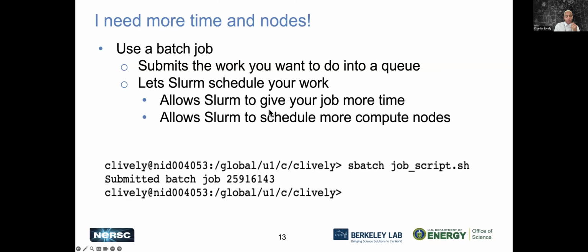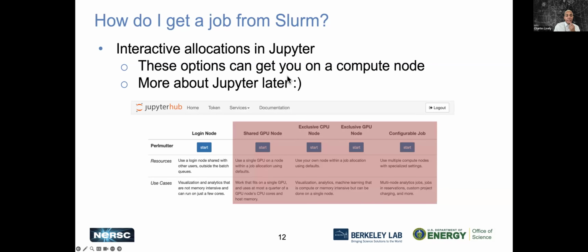Okay, and so, whoop, sorry about that. How do you get to an interactive job from Slurm? There are different options to get to a compute node. Again, after this, Lippy is going to present on Jupyter, but a quick and easy way is through JupyterHub. It's just jupyter.nersc.gov.